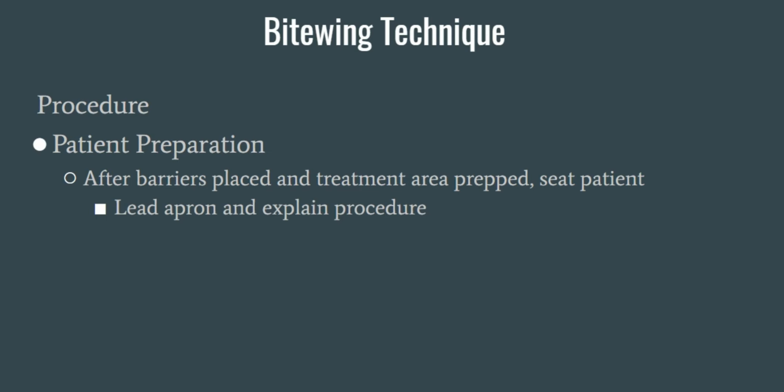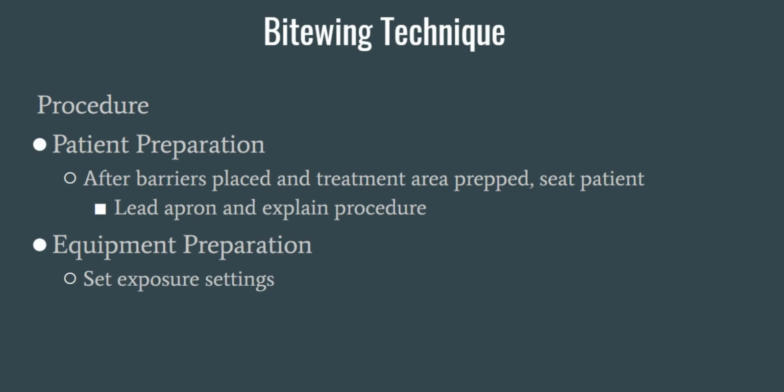You may ask any earrings or any facial piercings to be removed as well. You will make sure that the equipment is prepared. You will set the exposure settings. And then you will follow the bitewing exposure sequence.